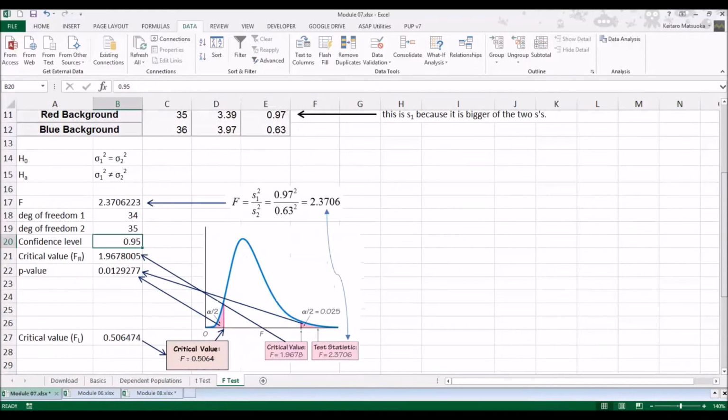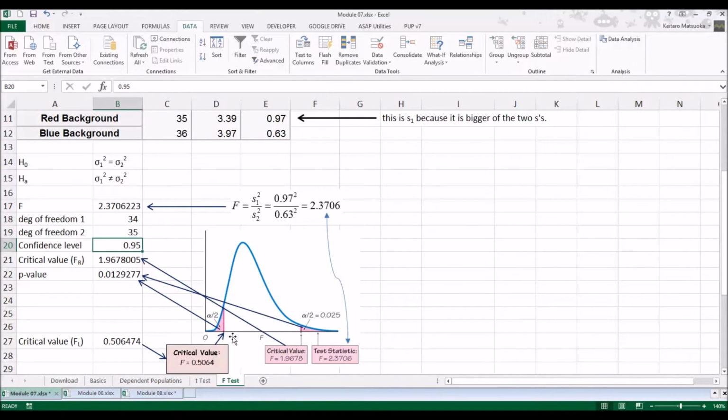So the critical value, there are two of them, left side and then the right side. Typically you're asked to figure out the right side, so to do so, use the F.INV function with this input here. And then if you're asked to figure out the left critical value, for example down here, you still use the F.INV, but you notice the difference that there's no 1 minus in the left side, whereas for the right side there's 1 minus.